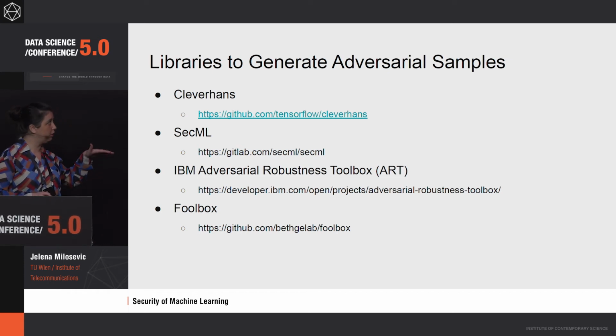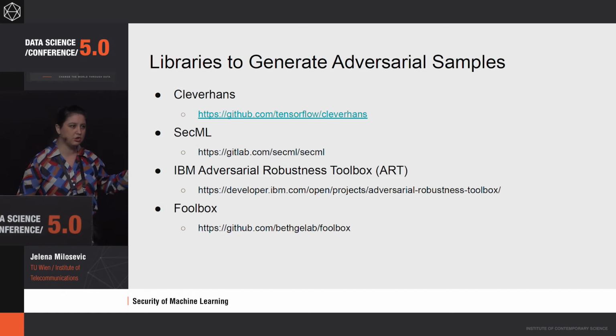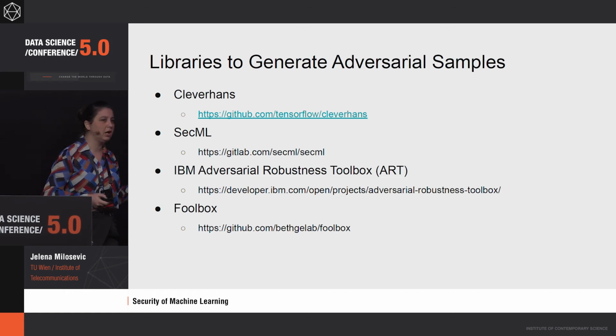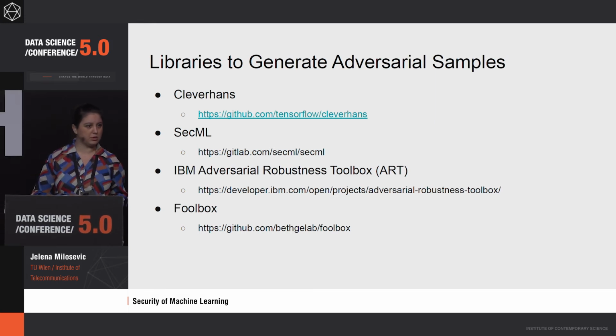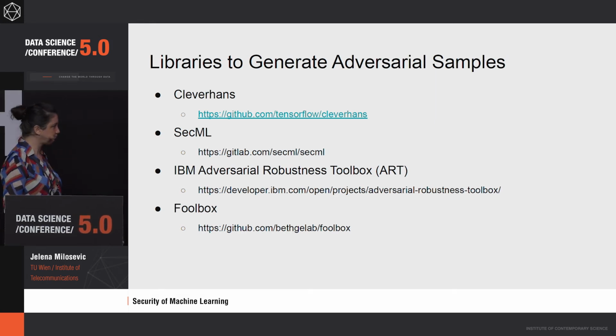With respect to this, we have SecML and Foolbox. These are research efforts, but for example, CleverHans is a library from Google, and also IBM has its own library that allows us to check all of this.